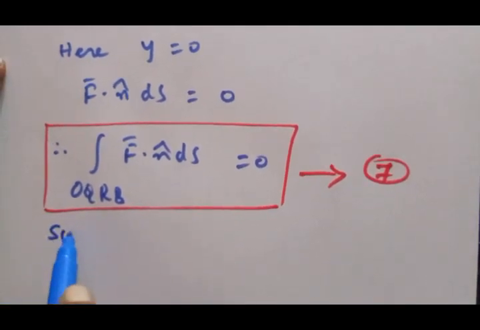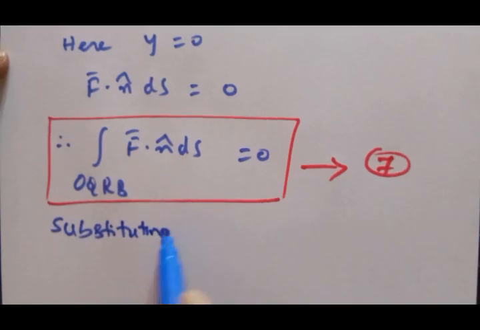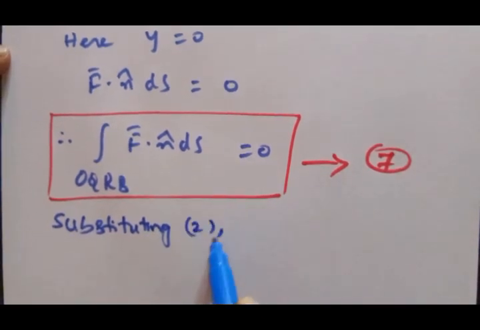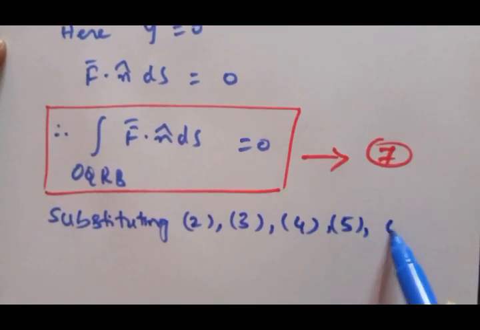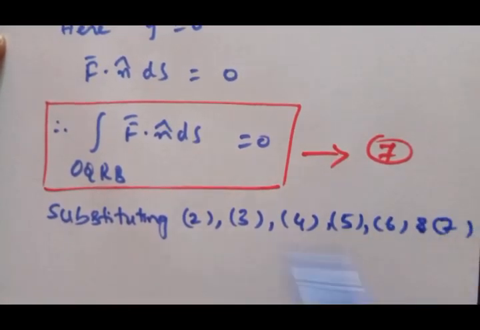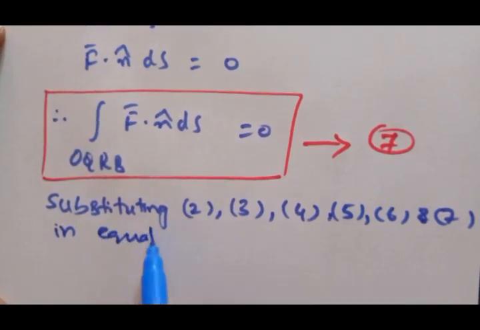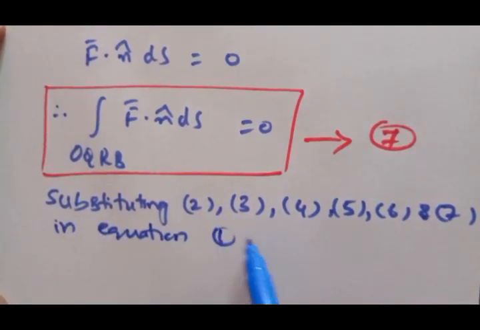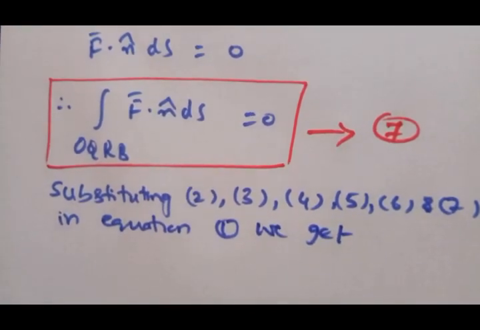Now substituting 2, 3, 4, 5, 6 and 7 in equation number 1. Equation 1 means the sum of all the integrals.